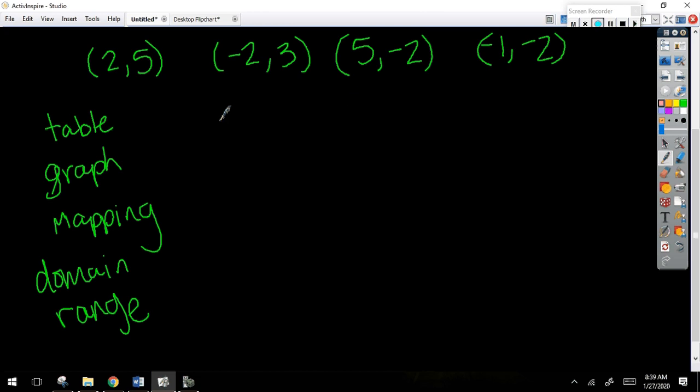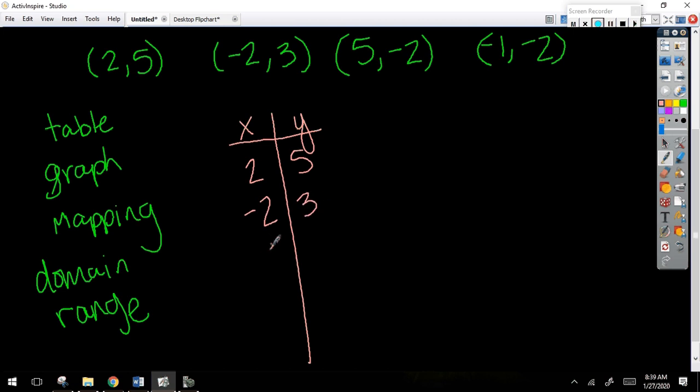All right, let's do a table first. I got 2, 5, negative 2, 3, 5, negative 2, and negative 1, negative 2. That takes care of table. For graph, I just want to plot the points, right?